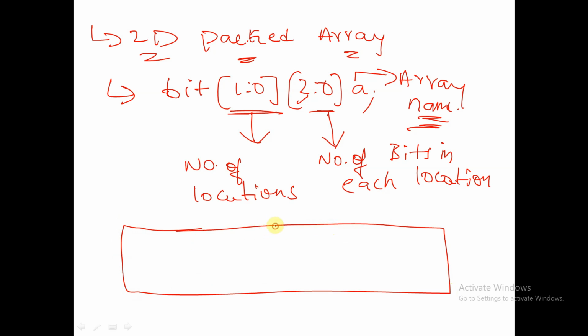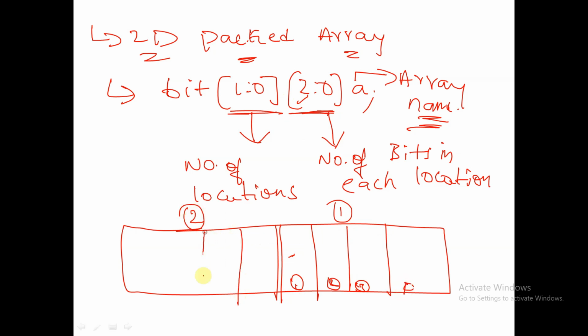So there will be two locations. This is location number 1 and this is location number 2. And in location number 1, we will have 4 bits: first bit, second bit, third bit, and fourth bit. Similarly, in location 2, we will have 4 bits.